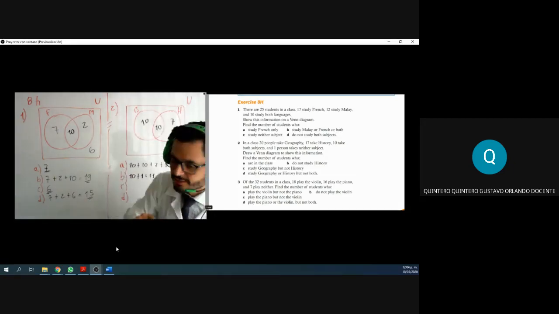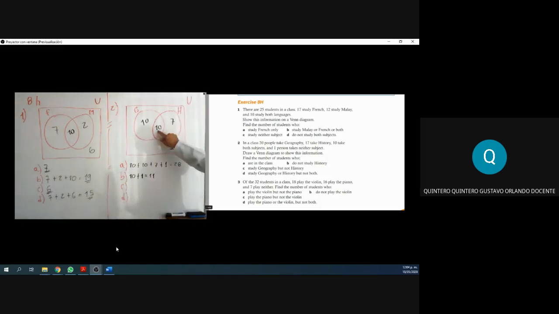So we are looking at the sector of geography, this circle, but the ones of geography that are not in history. These ones are in geography, but are also in history. So it has to be these 10 over here, right? 10 as well. Beautiful, guys. You guys are getting it.